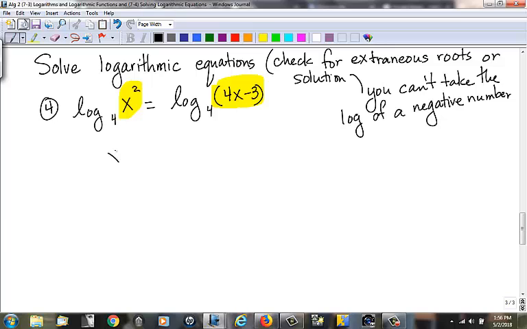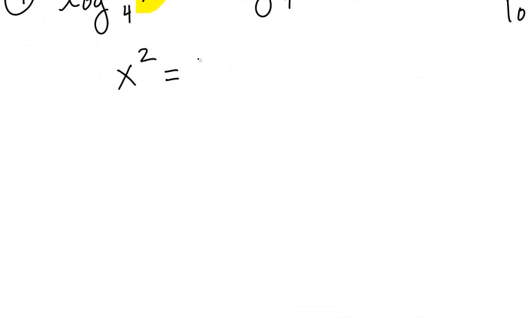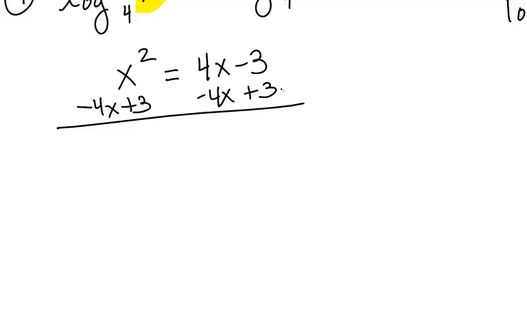So set them equal. That's part of the problem. So then you got to set x squared equal to 4x minus 3. Now you've got a quadratic. Get it in standard form equal to 0. Subtract 4x on both sides. Add the 3 on both sides. And you always want to try and get your squared term positive. It's positive on the left, so leave it alone.